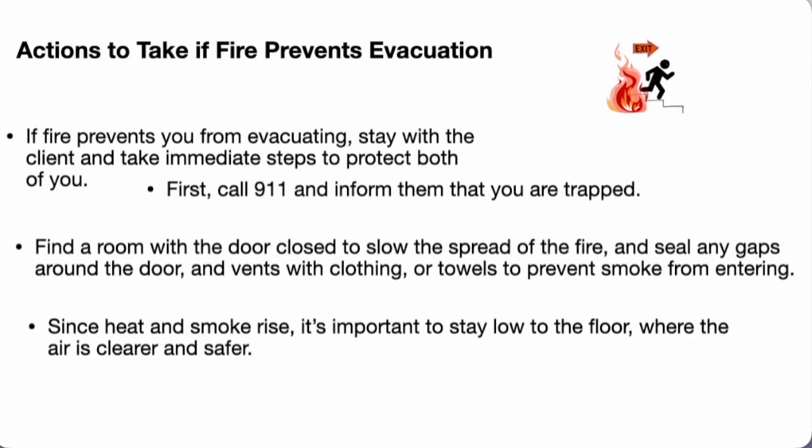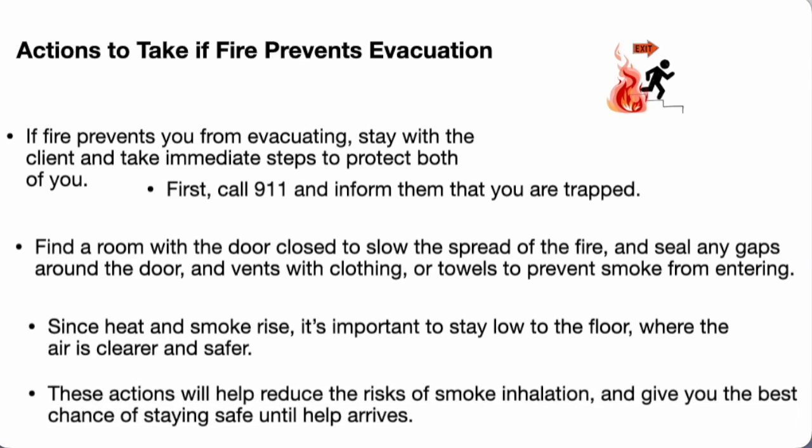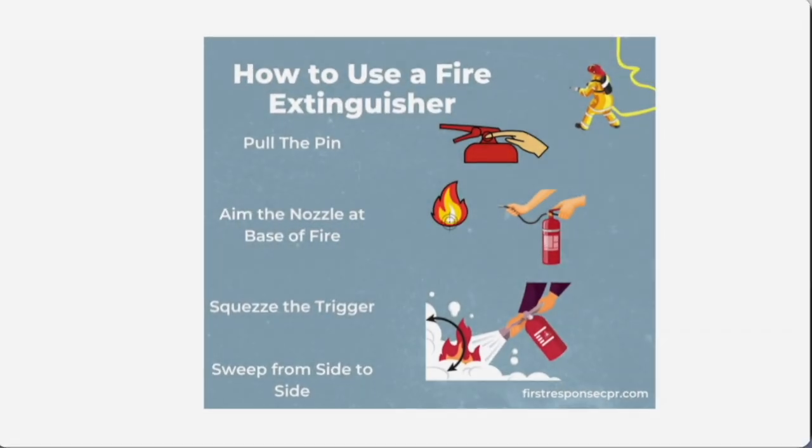Since heat and smoke rise, it's important to stay low to the floor, where the air is clearer and safer. These actions will help reduce the risks of smoke inhalation and give you the best chance of staying safe until help arrives.